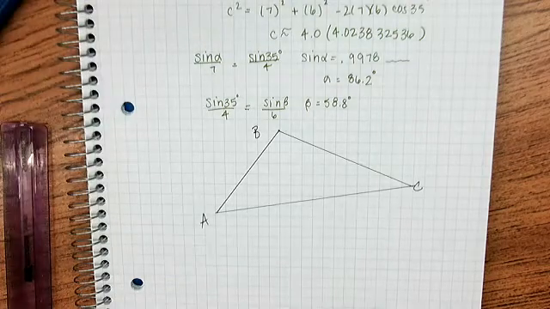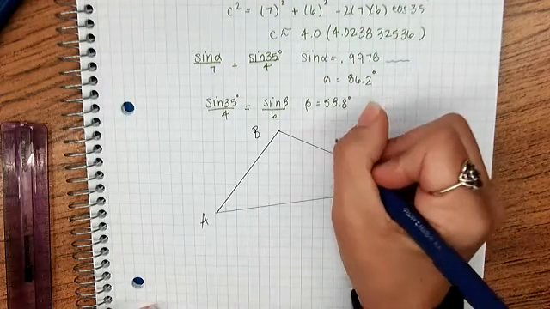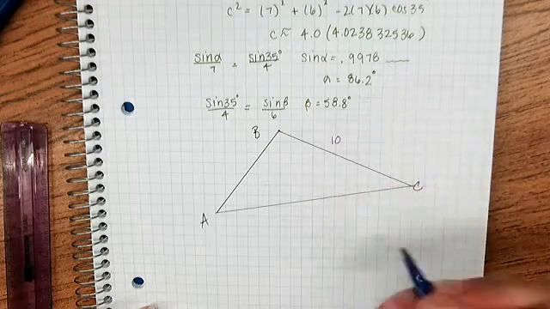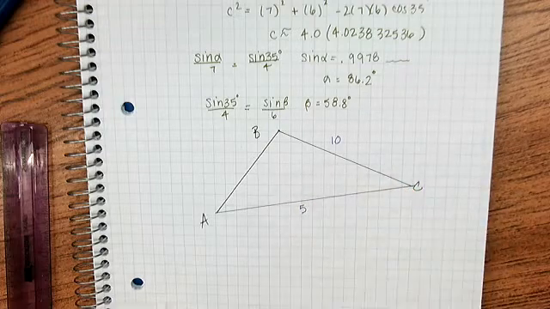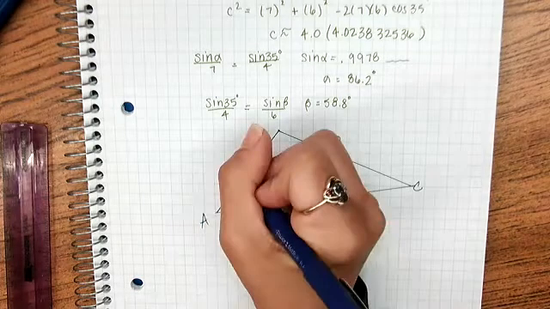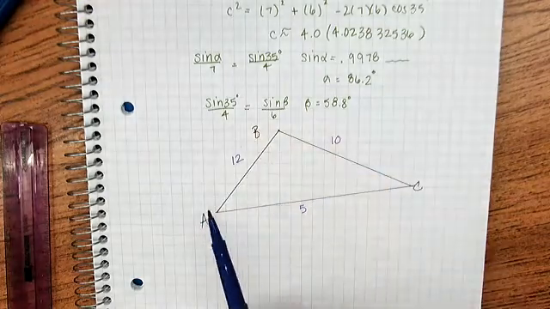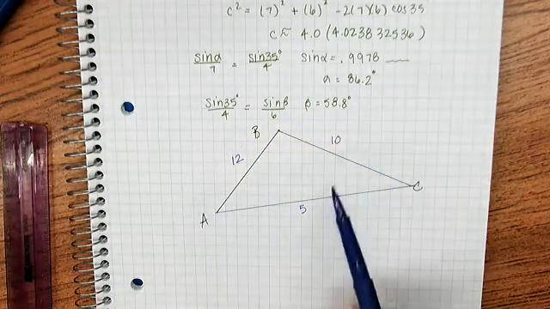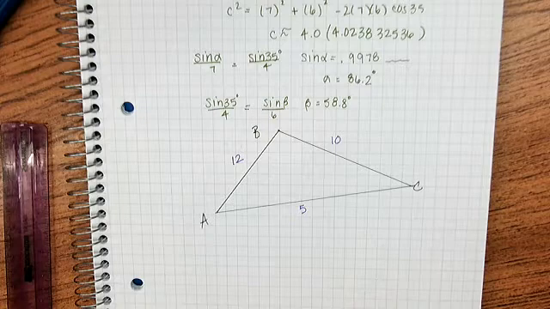So let's say I give you A is, how about 10, B is 5, and C needs to be less than 15. How about 12? Let's do a quick check. 22, more than 5, 15, more than 12, 17, more than 10. Okay. I certainly can't use the law of sines because I have no angle measures.